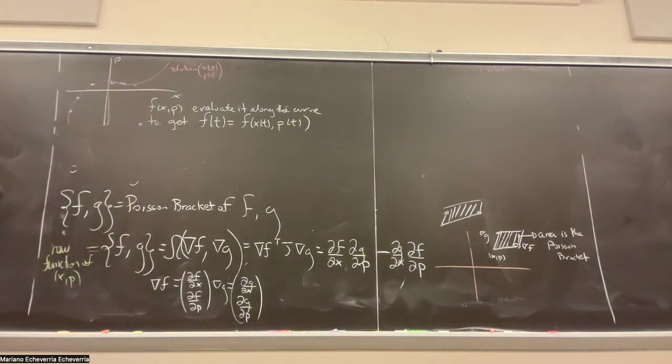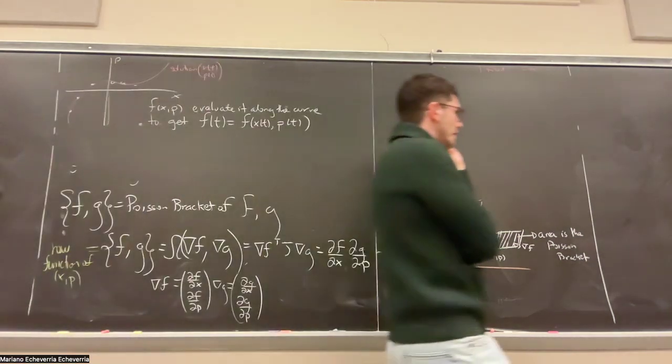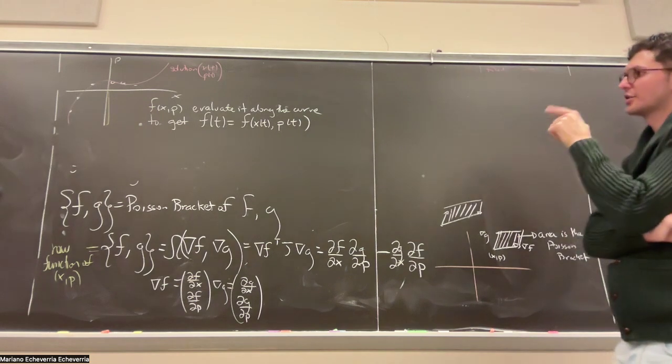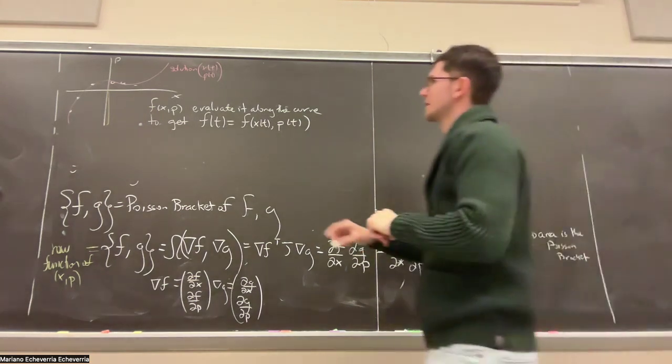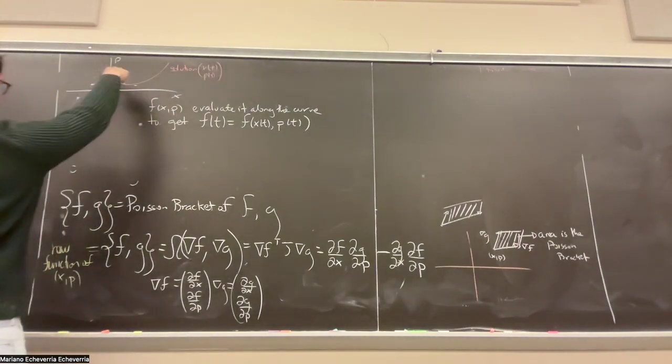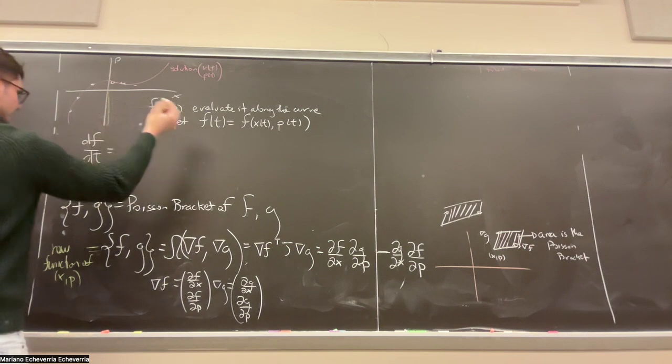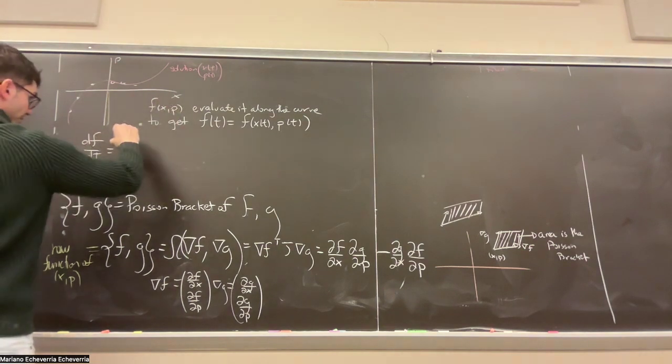Does that make sense? For example, the function could just be x plus p, or p squared, or p cubed, like any polynomial or any analytic function of x and p. Then you can ask what's the rate of change of the function with respect to time. How do the values of the function change as you move along the curve? This is just the chain rule from multivariable calculus.